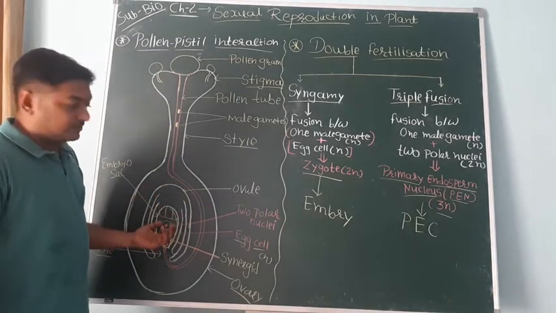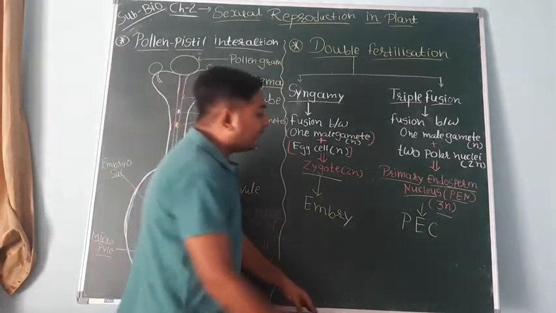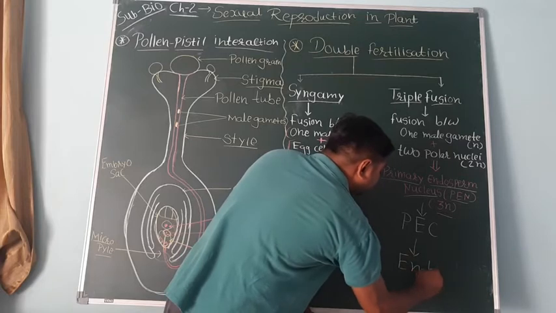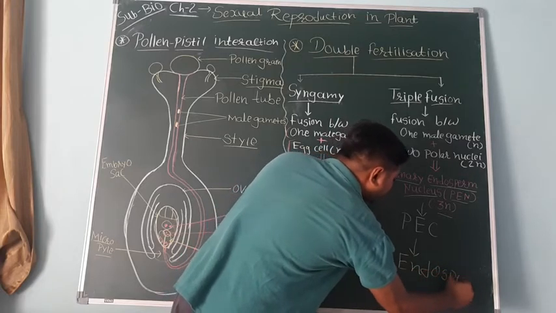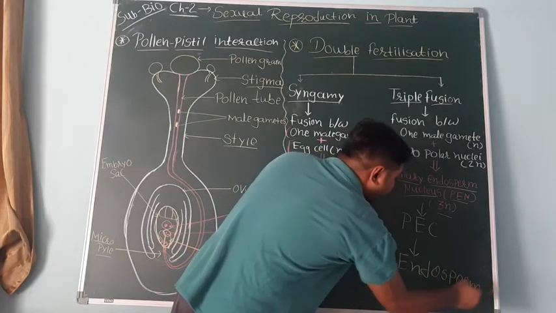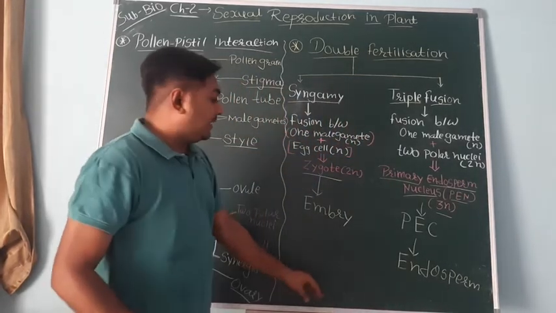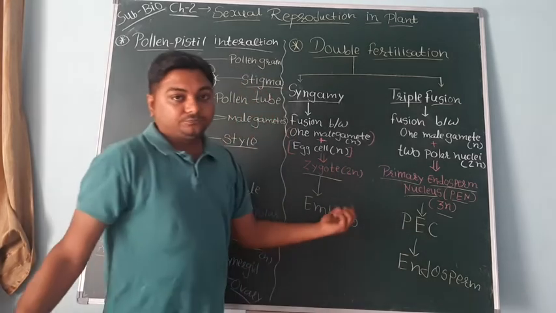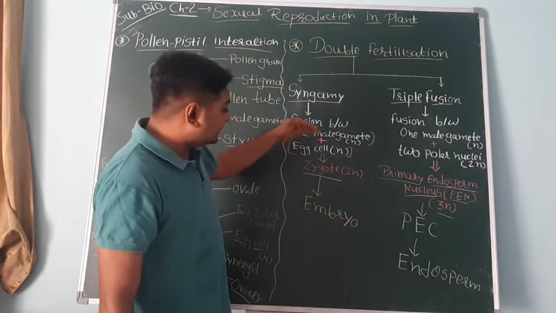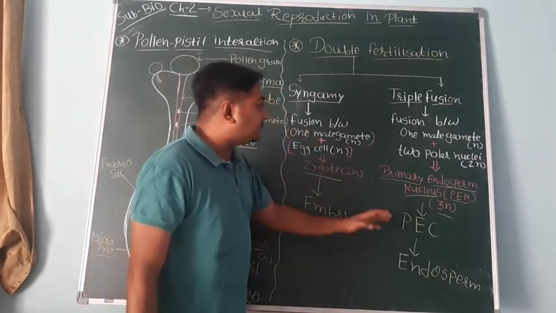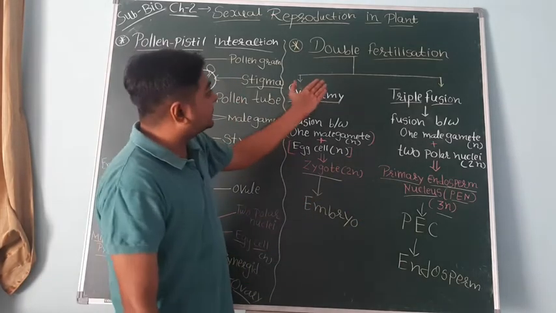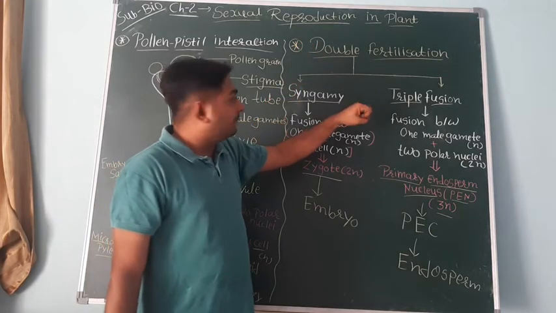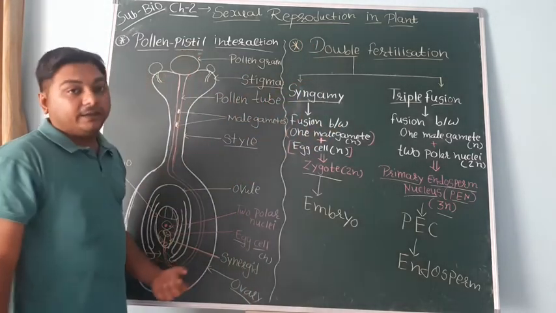The zygote develops into the embryo and the PEC develops into endosperm tissue, and the endosperm is required for the development of the embryo. But the development of the embryo and endosperm is the next process, which takes place in the post-fertilization events. So all of you now know about double fertilization and pollen-pistil interaction. Thank you.